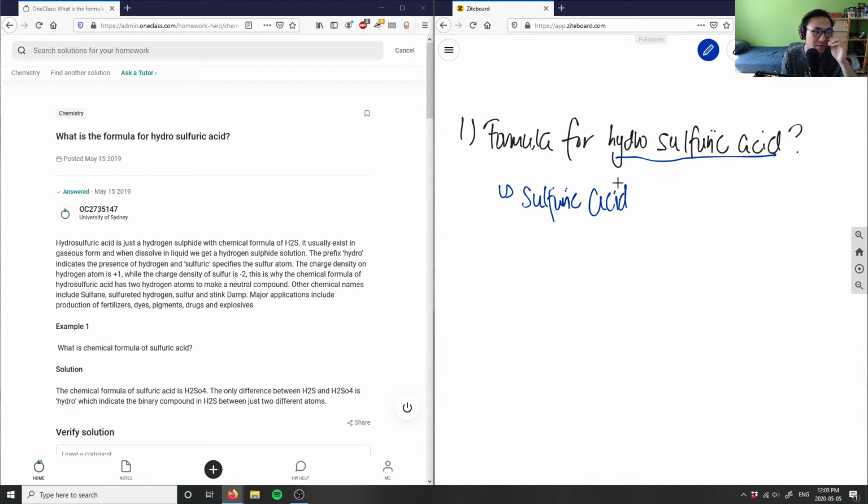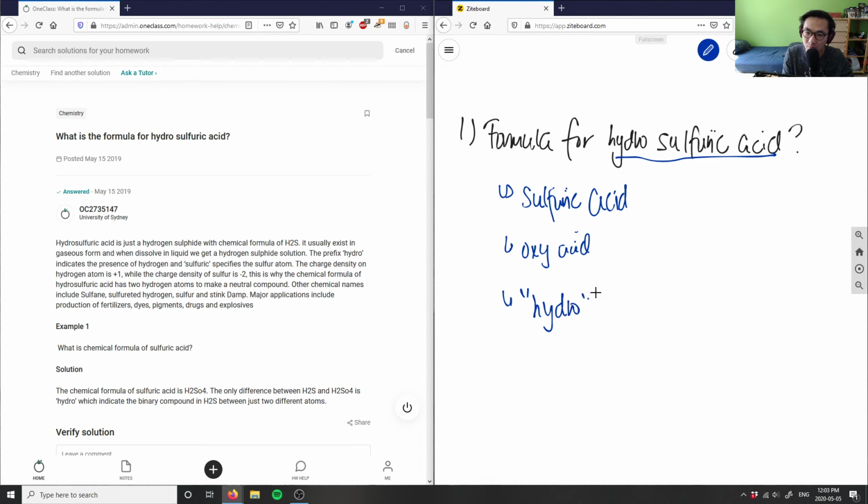Hydrosulfuric acid doesn't really make sense, just because this here is an oxyacid. You basically only use the prefix hydro when you have a binary acid, which sulfuric acid is not.